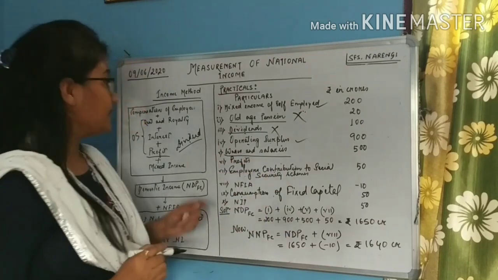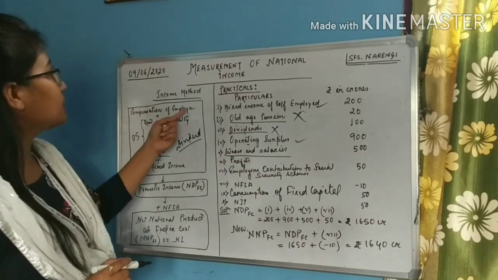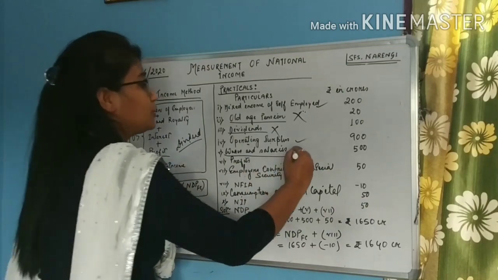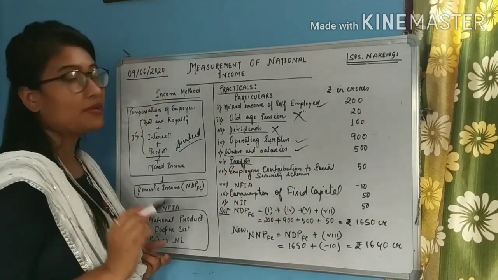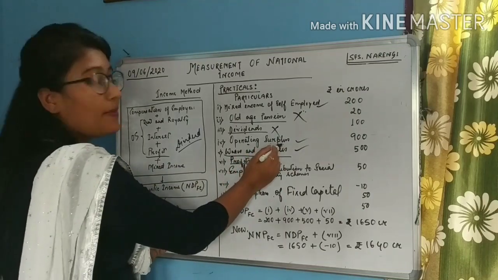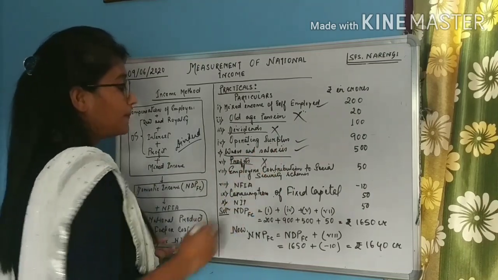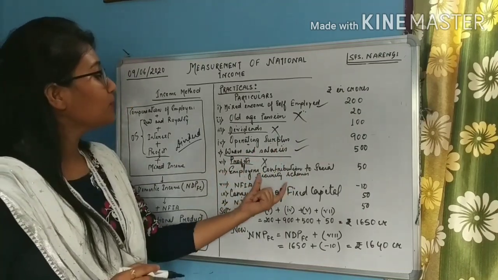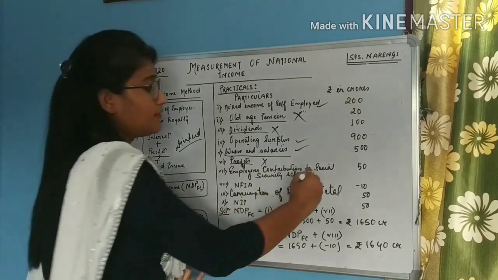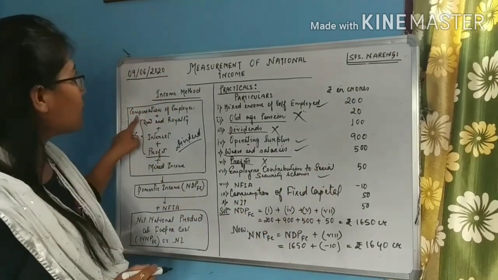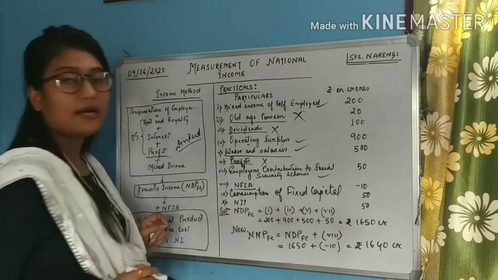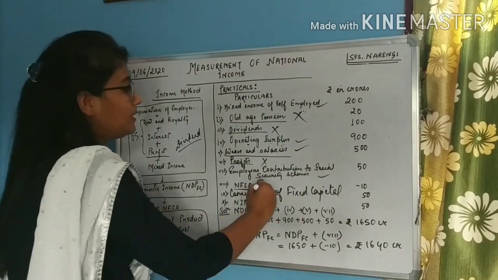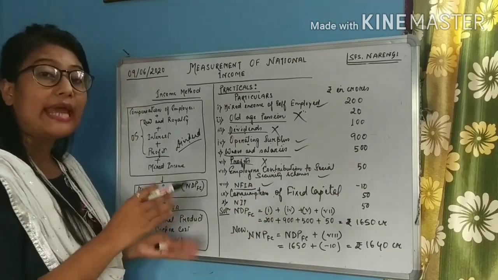Wages and salaries, part of compensation of employees. Yes, it will be included. Profit, students, will not be included. Why? Because it is already a part of operating surplus. Okay. Then employers' contribution to the social security schemes will be included because it is a part of compensation of employees. Okay. The net factor income from abroad will be included to convert NDPFC into NNPFC.